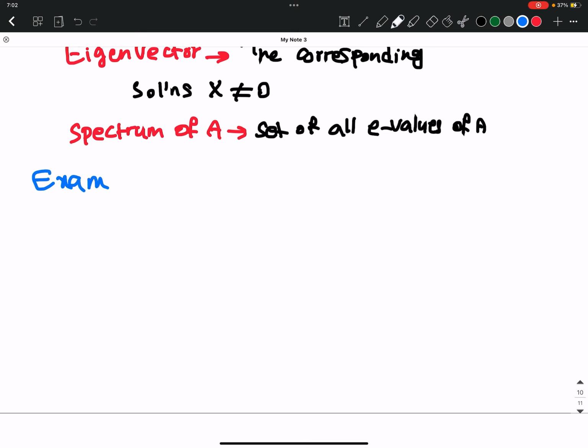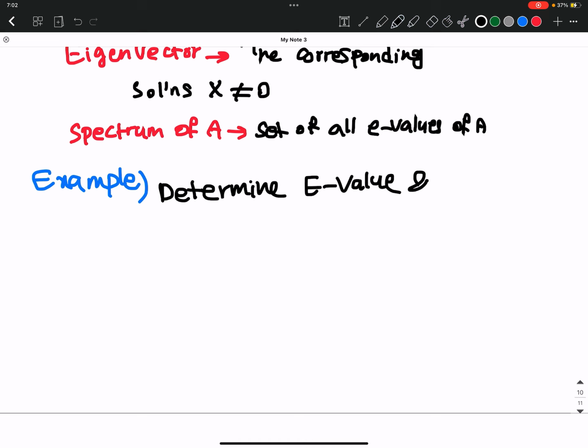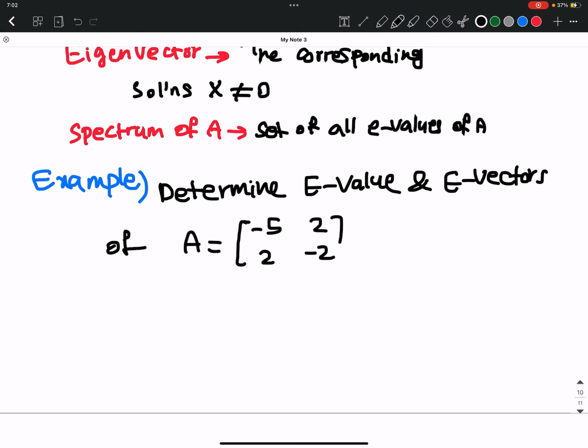The example wants us to determine the eigenvalues and eigenvectors of this matrix. A equals the 2 by 2 matrix minus 5, 2, 2, minus 2. Okay, so let's determine the eigenvalues and eigenvectors of this matrix.